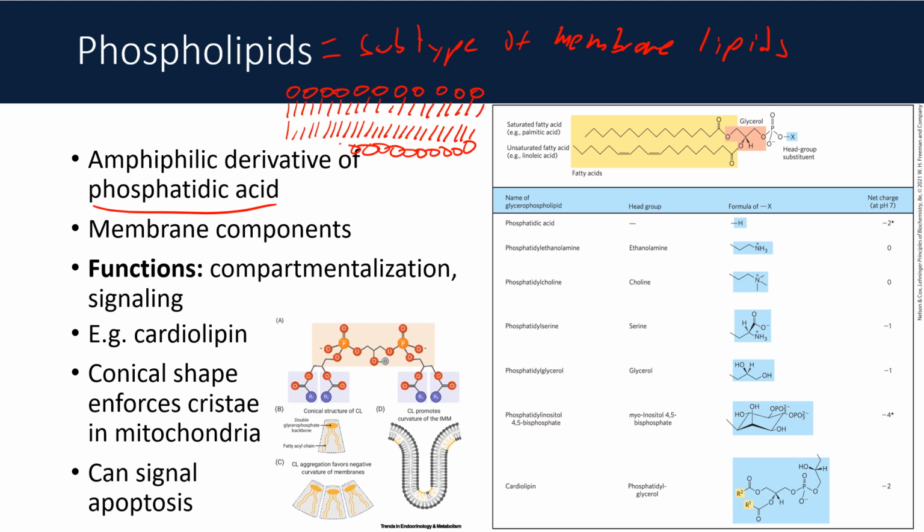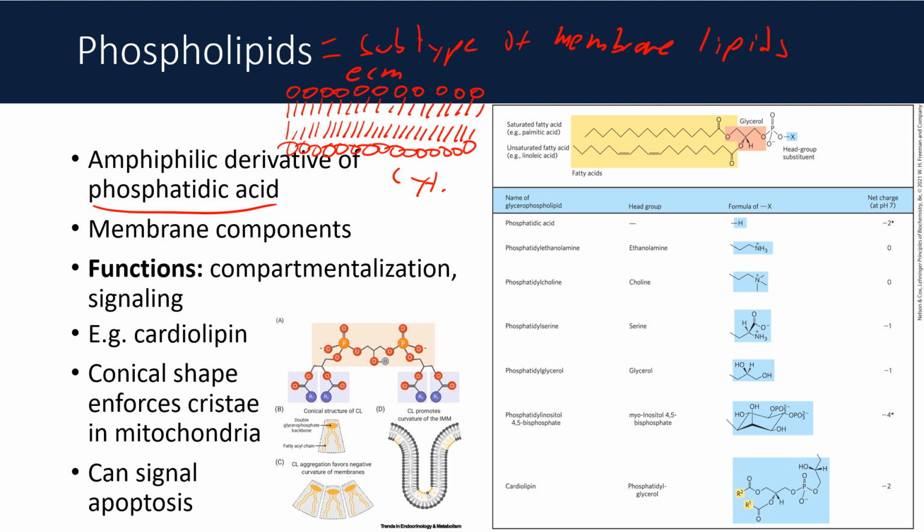And so what we're doing here by positioning the polar head groups on the outside and the tails on the inside, we're dissolving the exterior of the membrane in both the cytoplasm and the extracellular matrix, which are going to be aqueous. So the polar head region is going to partially solubilize the membrane, and we need it partially soluble.